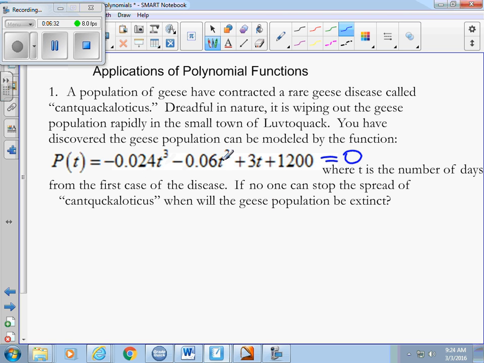So I want to know when this equals 0. Does this look like a problem that we will do by hand? No, it's got decimals in the problem. So pick up your calculator. And you have two options.